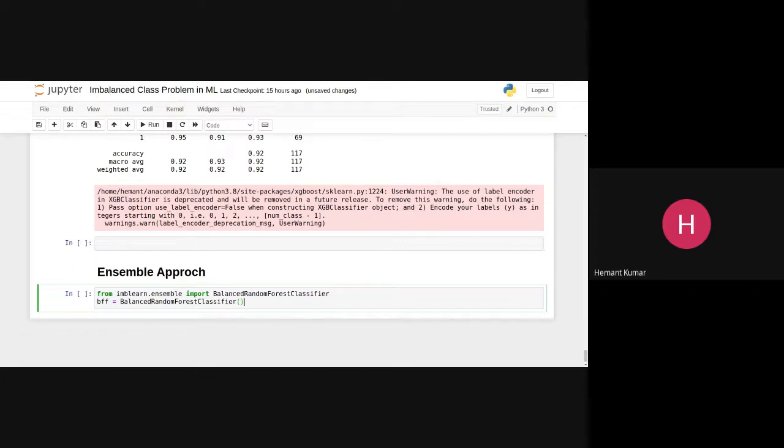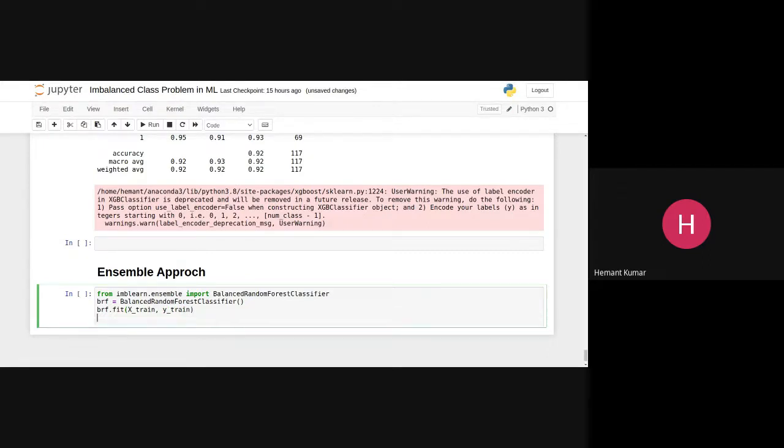Just apply all the properties to the balanced random forest classifier, and we have to fit, or train, on X train and Y train, and then calculate the F1 score and some values.